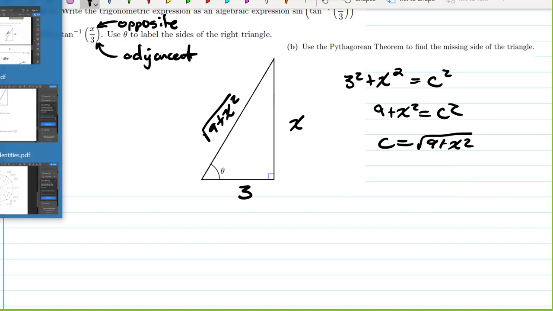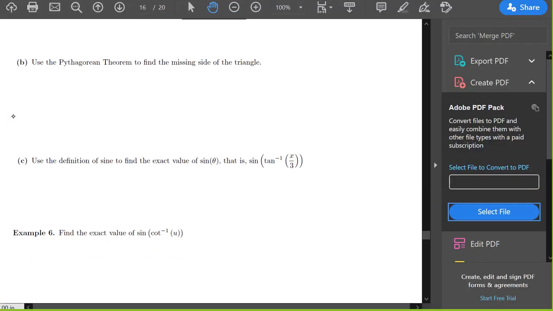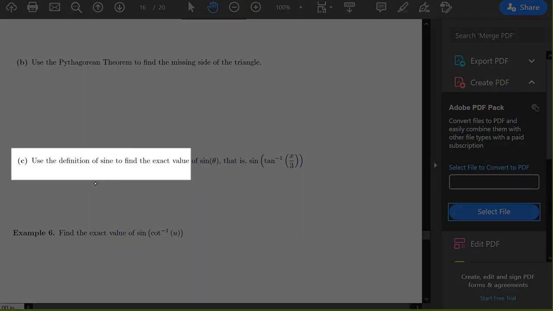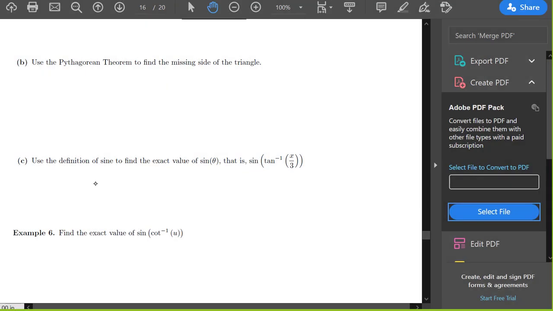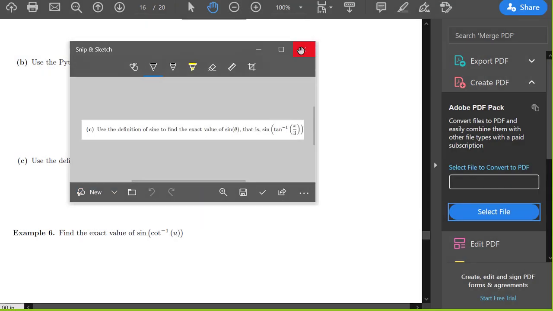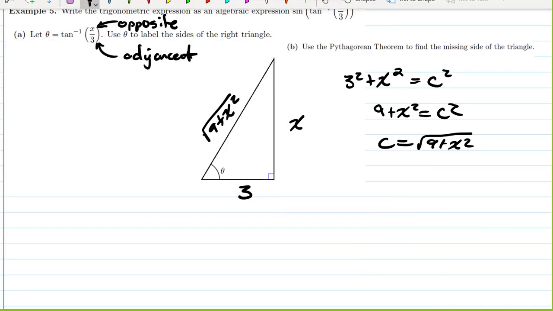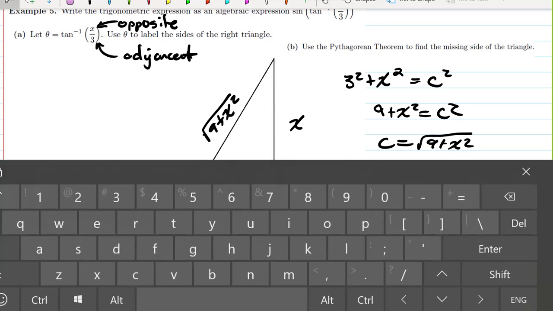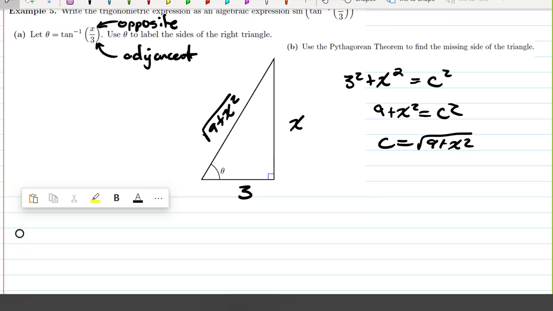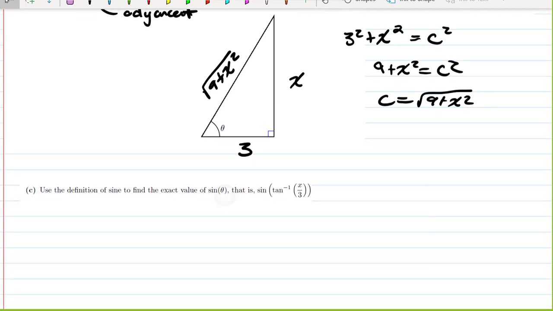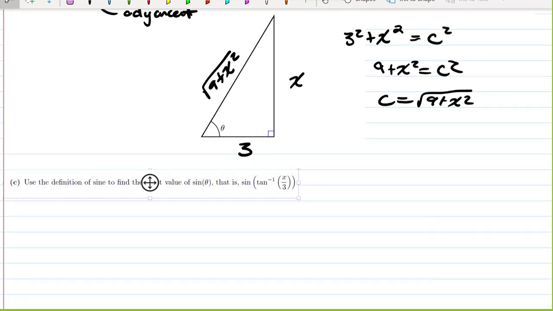So then the last part of our problem is use the definition of sine to find the exact value of sine of tangent inverse of x over 3.